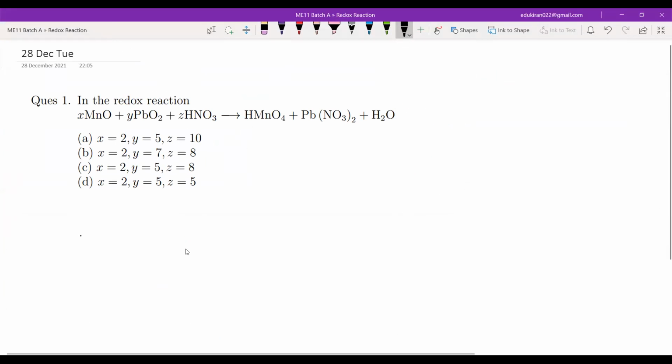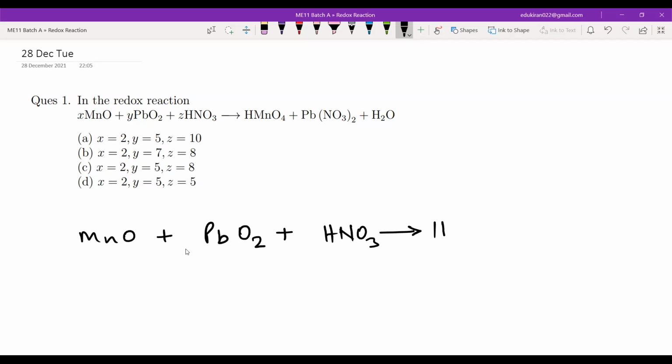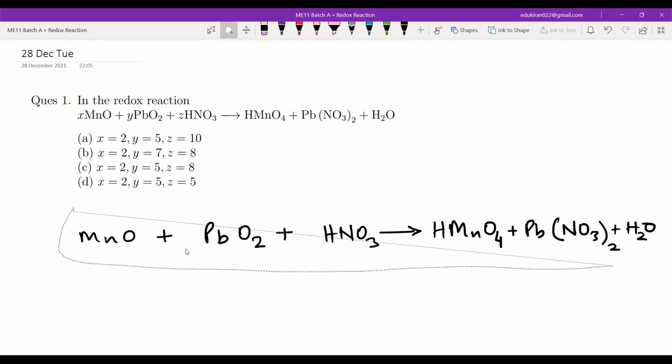all the elements here. Oxygen is -2 here, -2 here also, and -2 here also. Tell me for Mn in the first case, on the reactant side. What is the oxidation state of Mn? You guys calculated this. Now what happened?